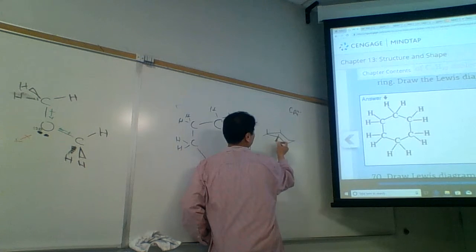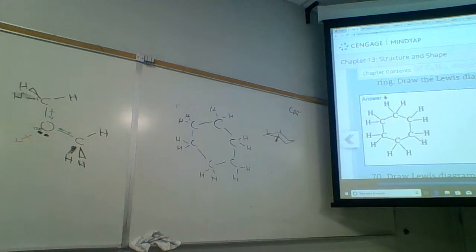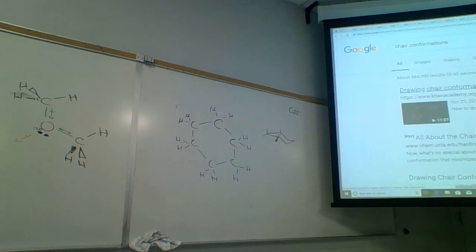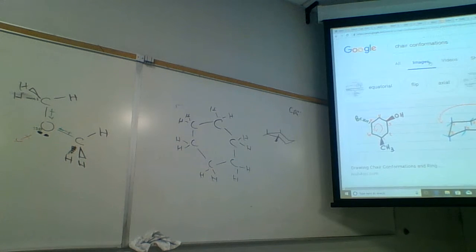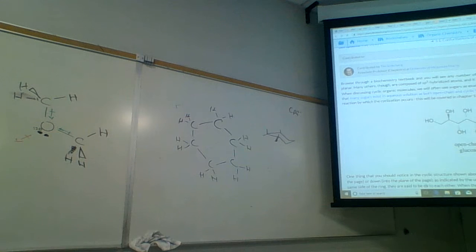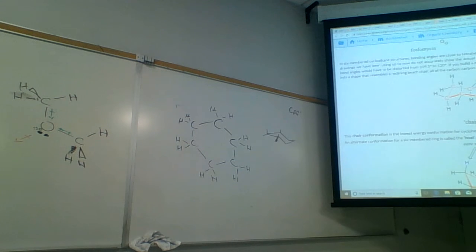I'll just show you what it looks like. We try to visualize things, chair conformation. You can see people practice. It's quite a lot. They try to get good at drawing chairs. Right here, it's a pretty good one. It doesn't really show the wedges and the dashes. This is called cyclohexane. It's a ring.